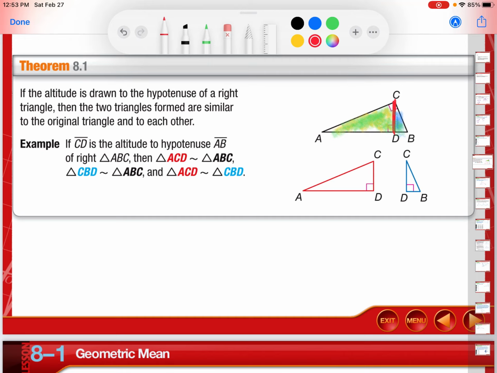And then we could write a similarity statement for all three of those. And how I like to do that is I like to orient all the triangles the same way, just because, quite frankly, it's easier for me to see it that way.